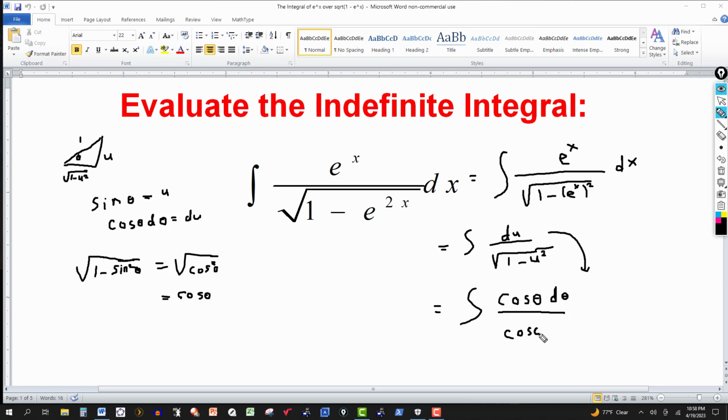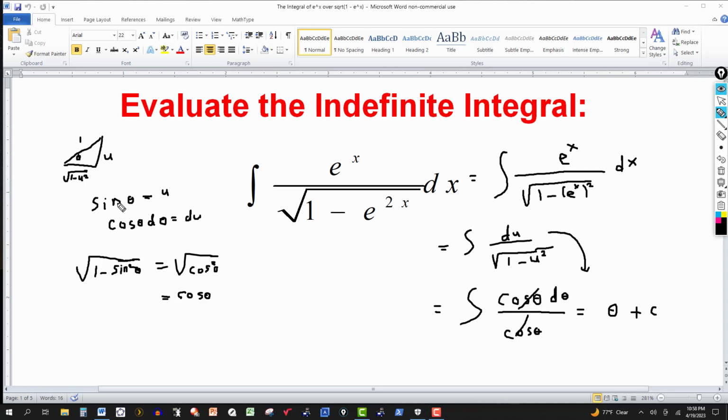That's cosine theta, so this cancels out, this cancels out. So all I'm left with is a 1, you can call that a 1 d theta, and the integral of that would be theta, integrating with respect to theta, plus your constant of integration.